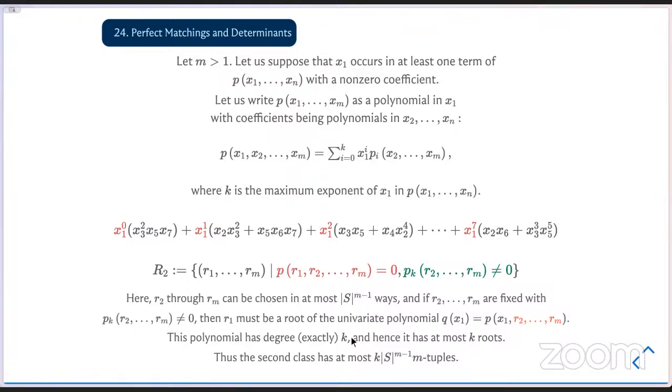Can its degree be more than k? I guess not. So I'm not completely sure if the same argument will work if we worked with one of the other coefficients instead of the coefficient of the highest order term. Off the top of my head, I cannot tell.